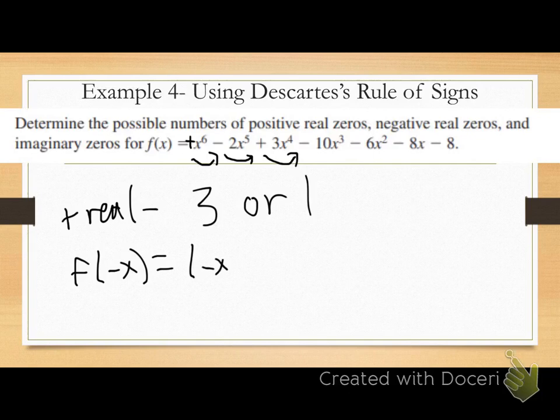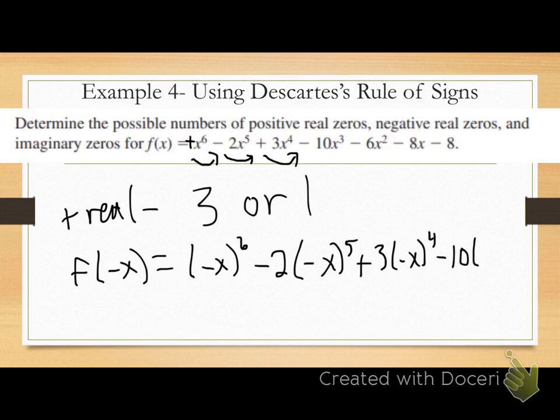So I'd get negative x to the 6th minus 2 times negative x to the 5th plus 3 times negative x to the 4th minus 10 times negative x to the 3rd. I'm running out of room. Minus 6 times negative x squared minus 8 times negative x minus 8. So now I just need to evaluate all of these.